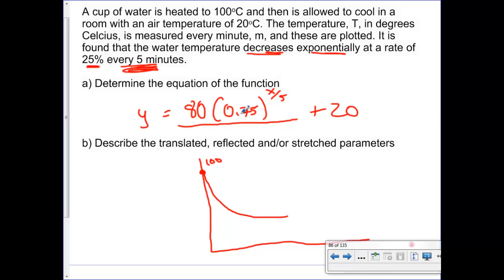exponentially go down. By the way, why is the graph going down? What parameter affects that? This value right here, being a decimal, makes a graph decay. A decimal lower than 1. Okay. And then this guy should level off when we get to 20.